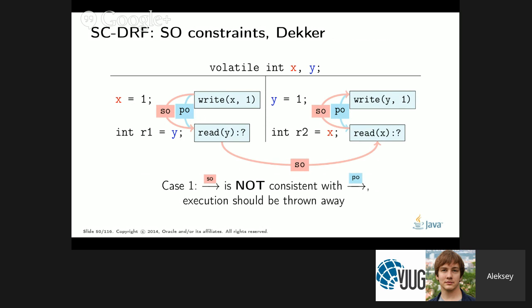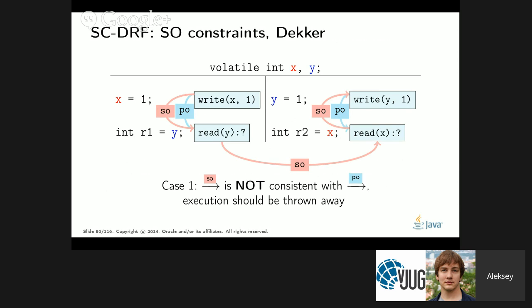This is the first way you can lay this order. You first have write 1 to x, then read y, then read x, then write y. Can you put the synchronization order like that? Oleg? Well, yeah, but as the slide says, it is not consistent with program order.